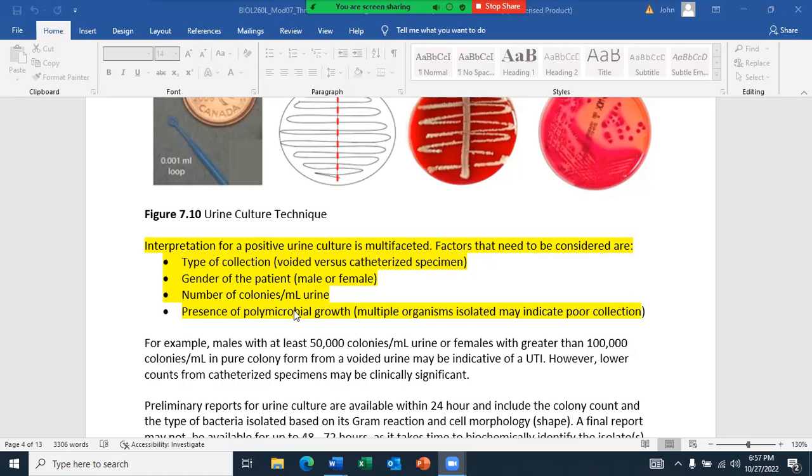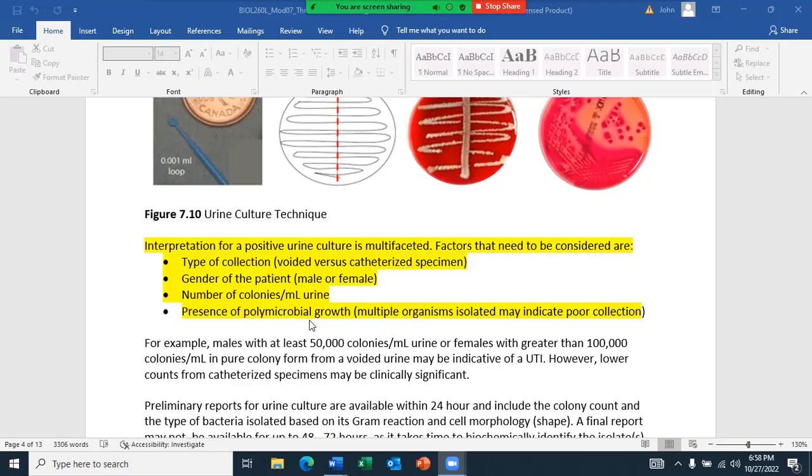And then the number of colonies seen per mL of urine also determines the interpretation. The presence of polymicrobial growth affects the interpretation. If there's many different types of organism, it probably was a poor specimen collection.